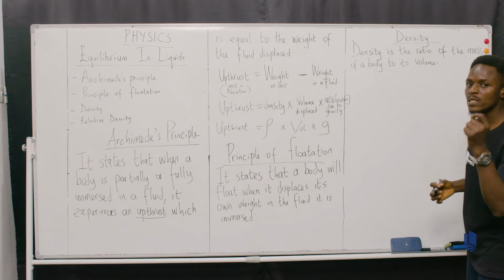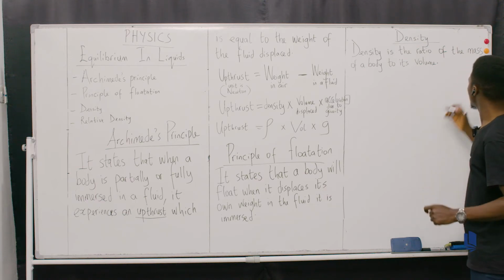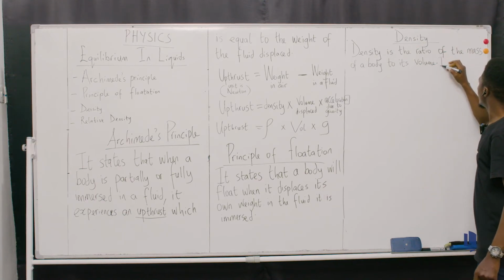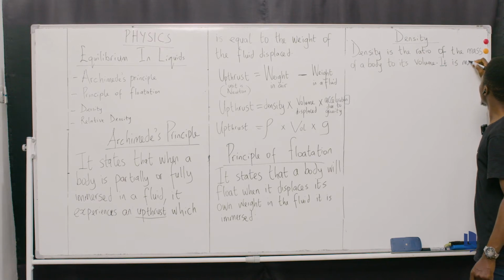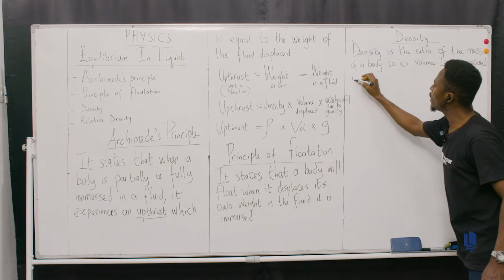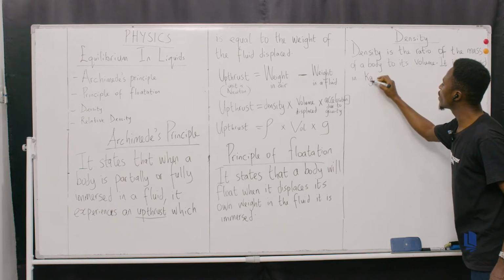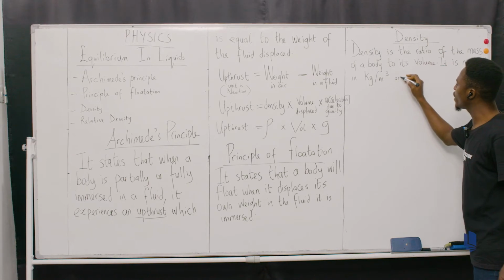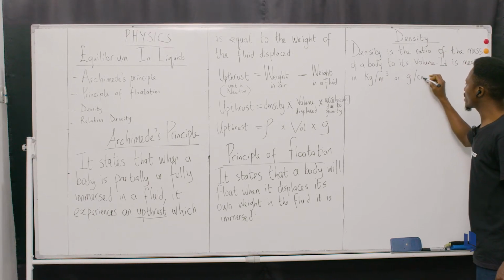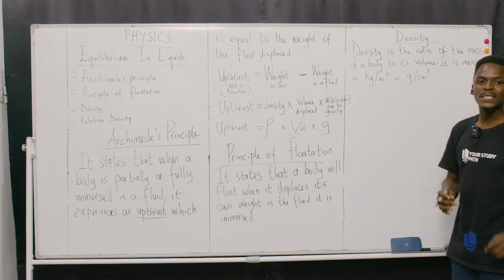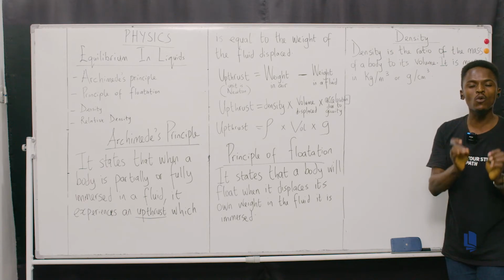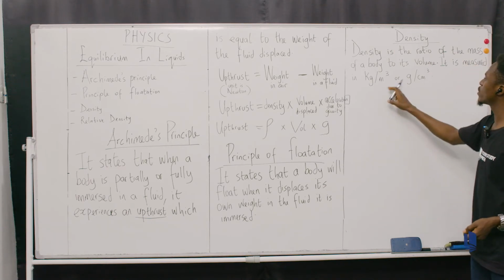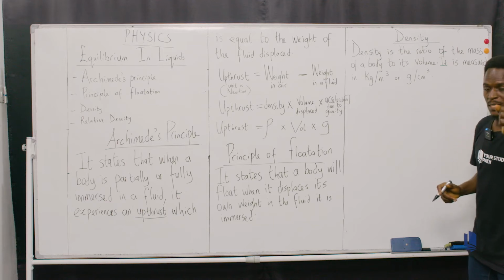What are the units for measuring density? We say it is measured in kilogram per meter cube, or gram per cm cube. These are the two basic units for calculating density.